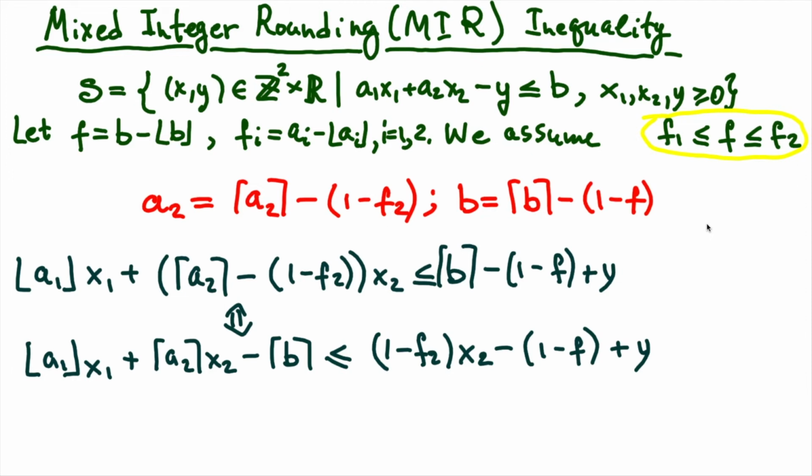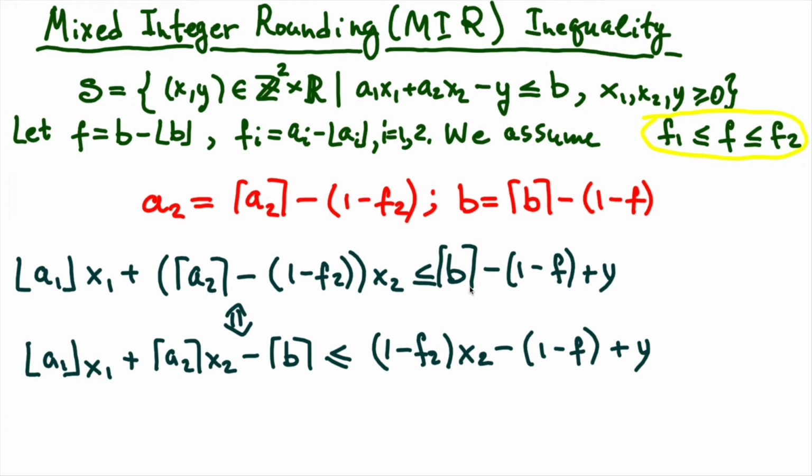And next what we are going to do, we'll regroup the terms in this inequality so that all the integer parts are on the left, including the constant, and all the fractional parts are on the right. So essentially we treat this 1 minus f2 times x2 as a continuous variable, and we'll consider it together with y here.